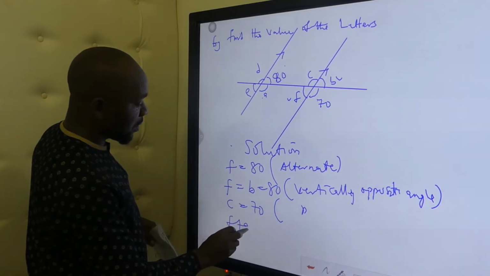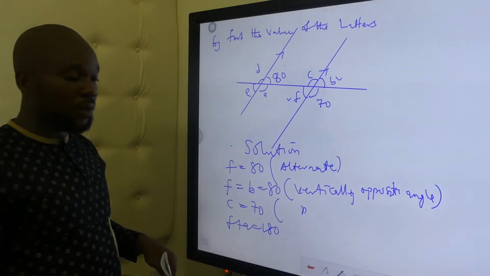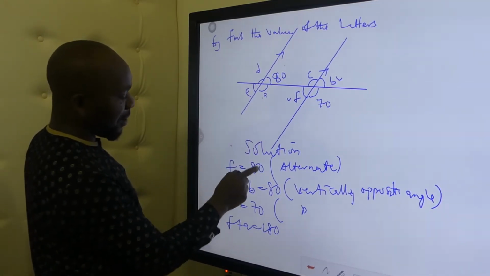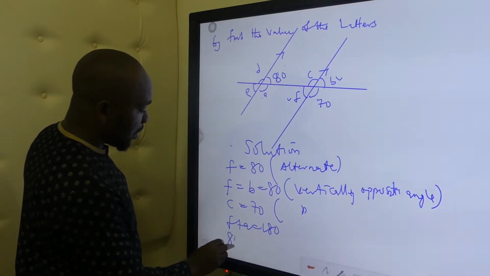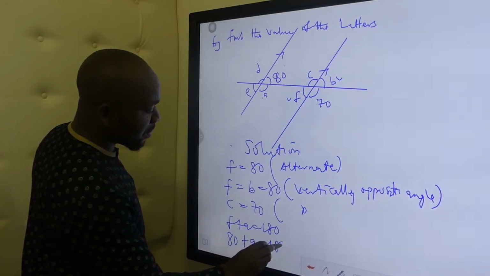Then for you to know the angle of A, you know that F plus A is equal to 180. What is our F? We have gotten our F to be 80. 80 plus A is equal to 180.